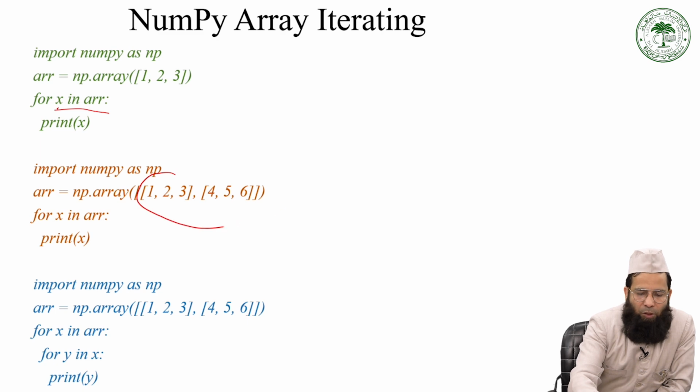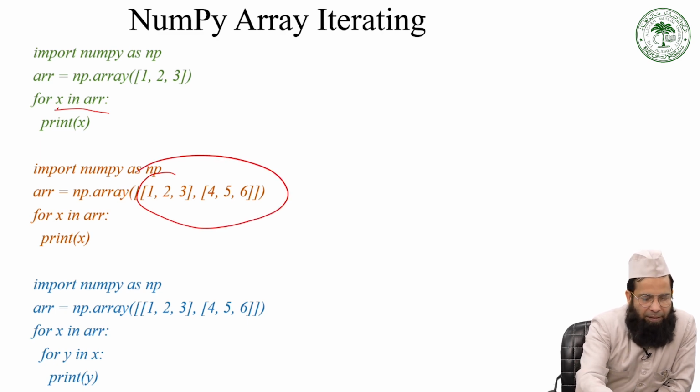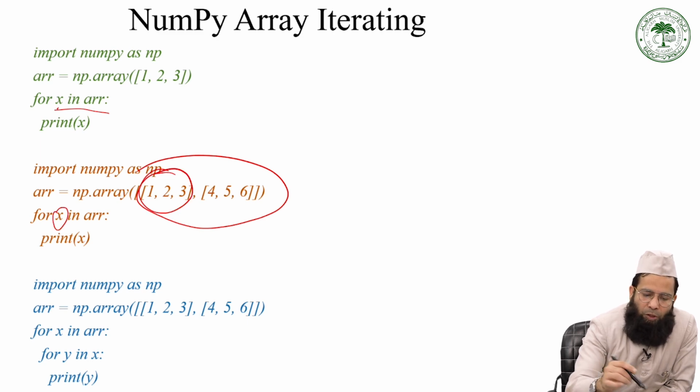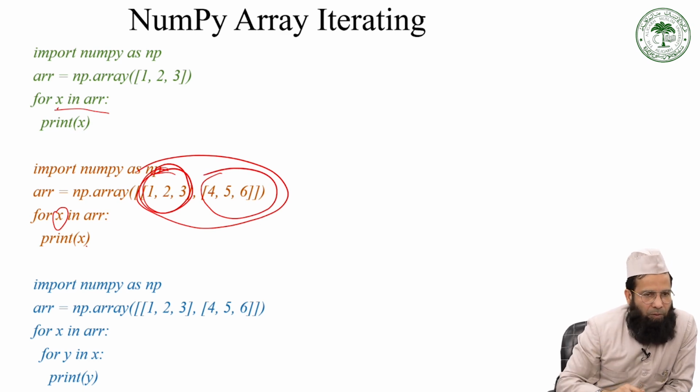Since this is two dimensional, I can iterate in a similar way, but X would contain individual rows. So during the very first loop, print X would print the first row, and in the next loop, it would print the next row, right?